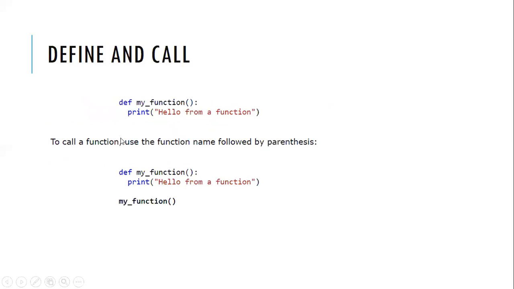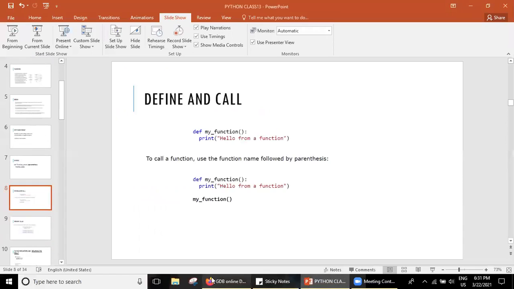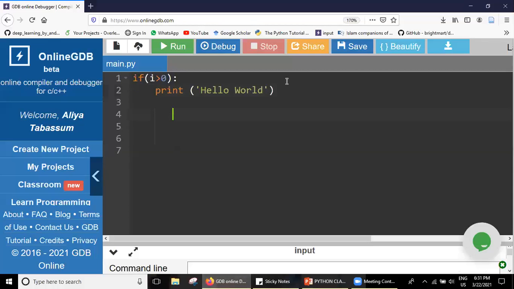So this is one simple example where we defined a function called my function and we are printing hello from this function. After defining any function, we need to call that function. I told you before that we have to call the function by the function name followed by the parentheses. Let us see this very quick example.